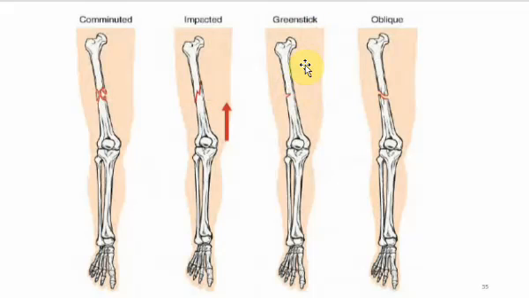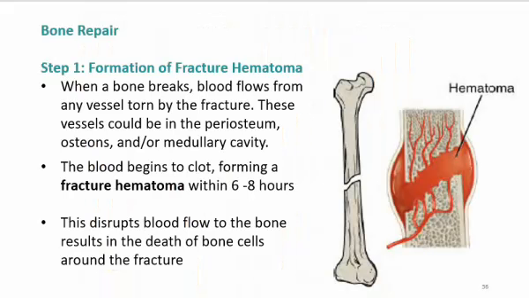Then we have a greenstick, which is just a fracture on one side. The bone does not completely fracture. And lastly, an oblique fracture, a fracture occurring in a diagonal manner. Okay, so those are the different types of fractures.